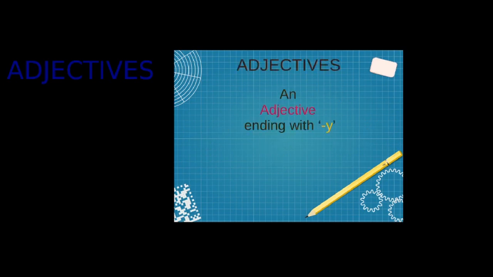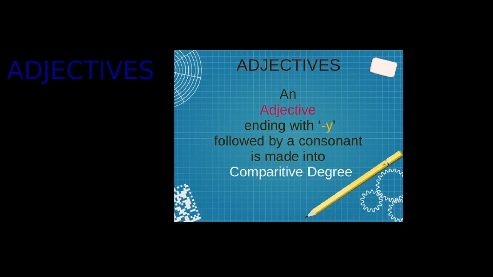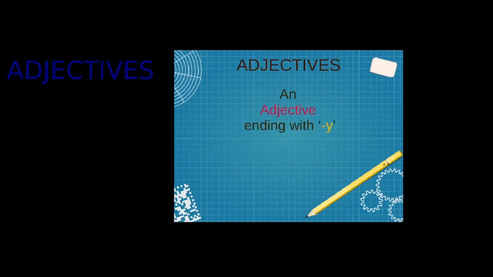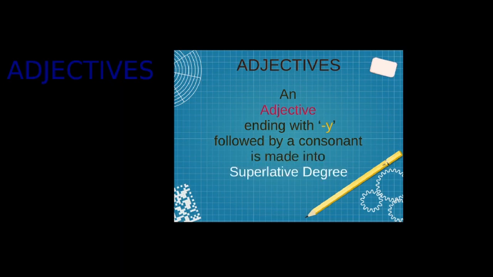An adjective ending with y followed by a consonant is made into its comparative degree by replacing y with ier. The y is replaced with ier, and an adjective ending with y followed by a consonant is made into its superlative degree.